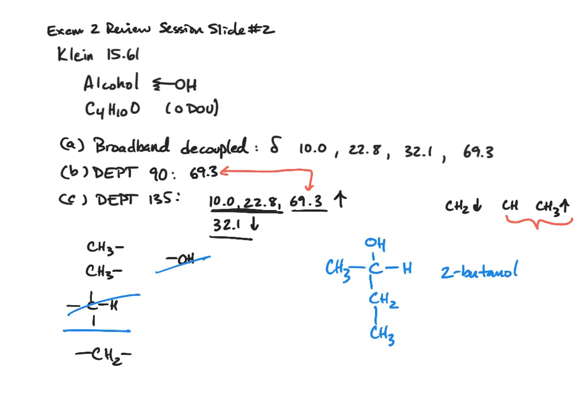Okay. So just to review that real quick, and then we'll get to that other spec problem. Anytime you name something, like this structure, if you were just given that structure, you circle the longest carbon chain. There's 4, so that's a butane derivative.